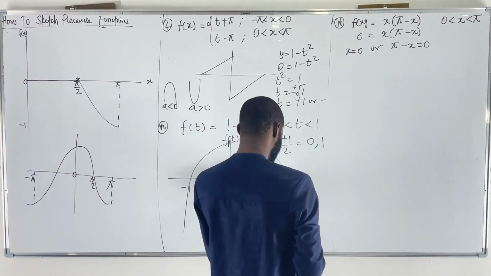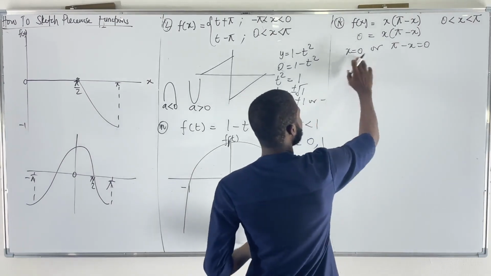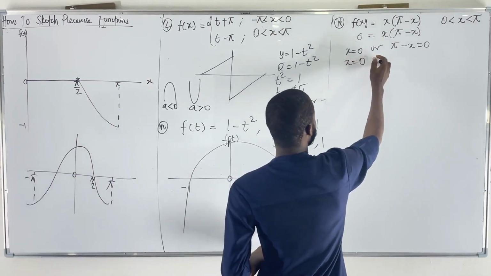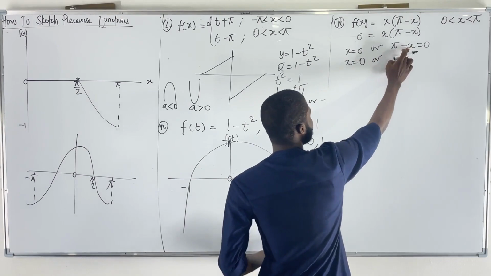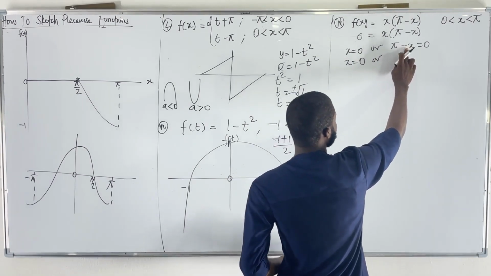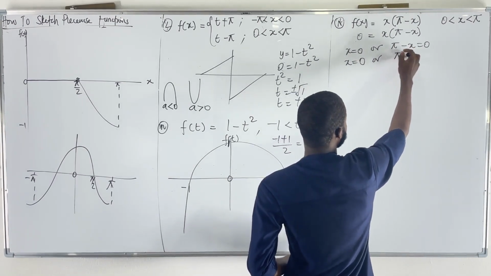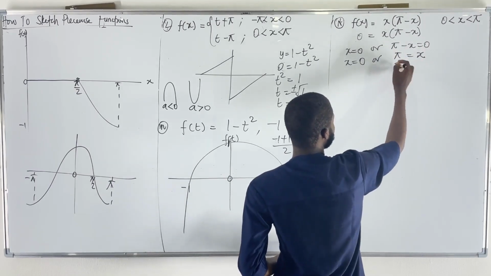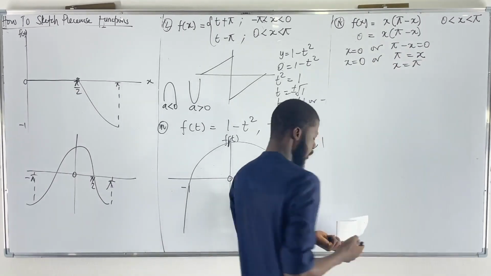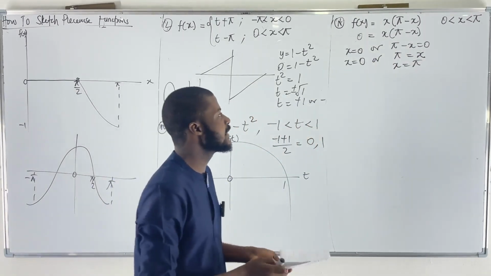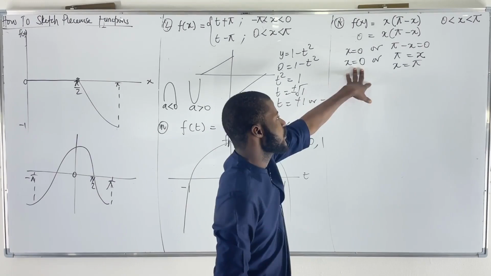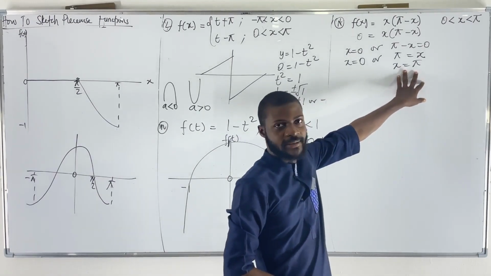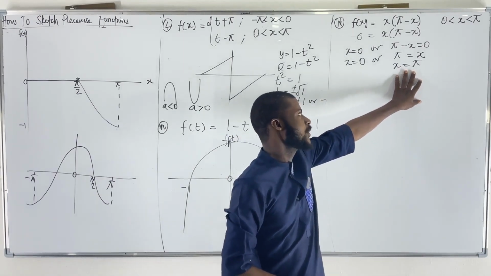This here means that pi is equal to x. So your x-intercepts would be at x equal to 0 and x equal to pi.